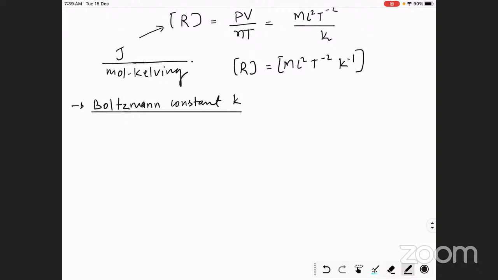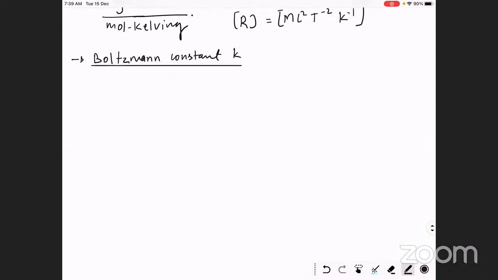Using the Boltzmann constant we can represent the kinetic energy of a molecule of a monoatomic gas.